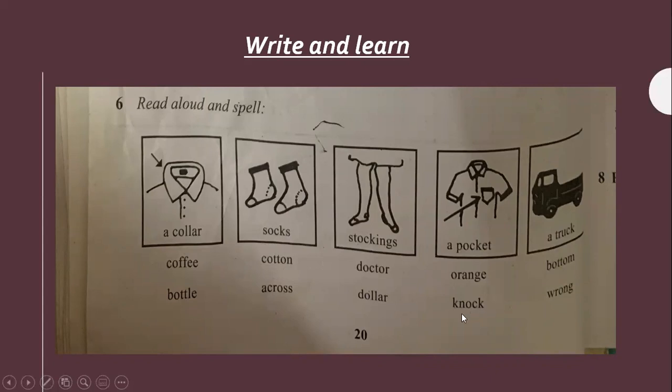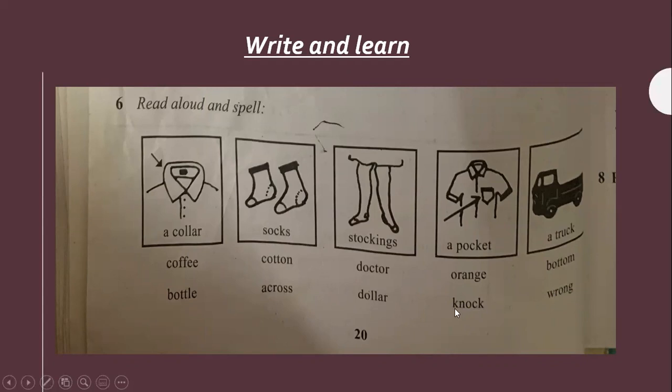Have you noticed two words here? This is knock, but it starts with K. But what we say is knock with N. We will not say the K. And this word starts with W, but we say it wrong.